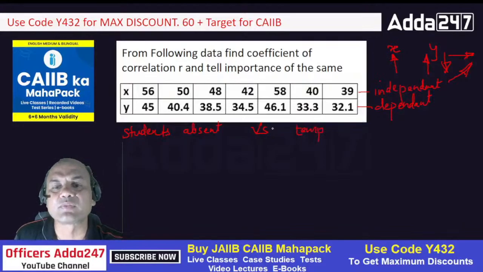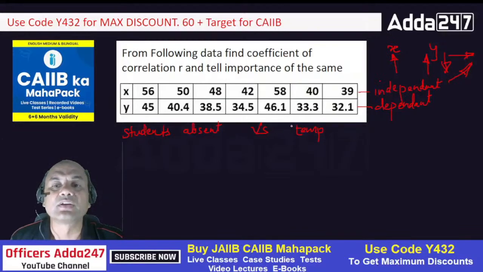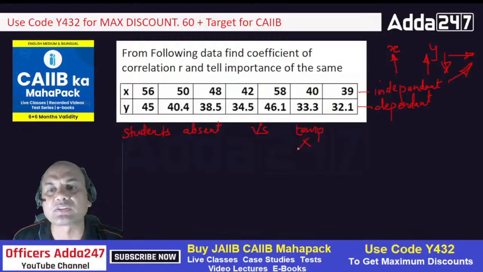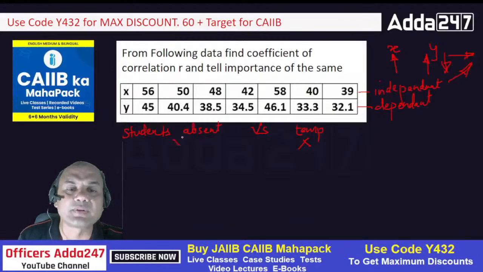Which will be the independent variable and which will be the dependent variable here? Temperature will be independent, correct. Let's call it x. So temperature will be x and students absent will be y.